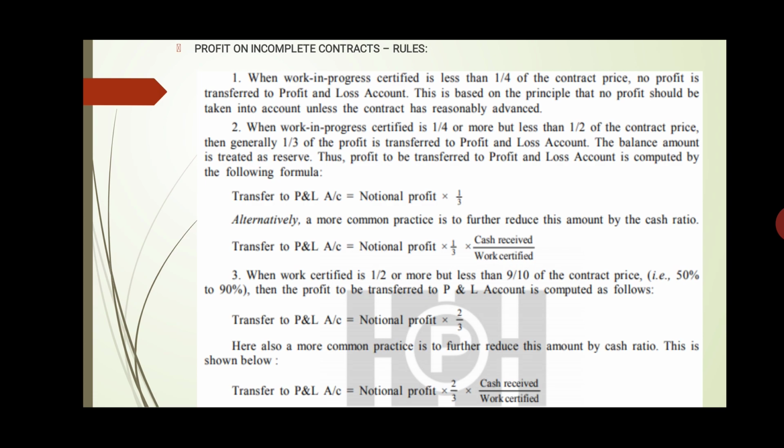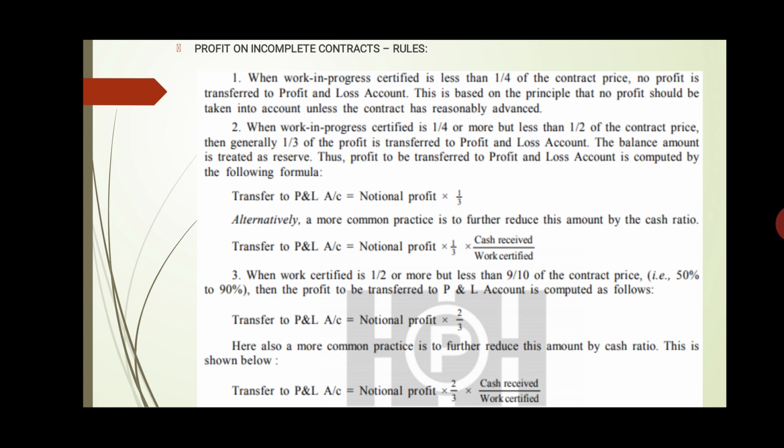Now, on this slide, I have listed certain rules which are necessary while preparing the contract accounts. These are known as rules of profit on incomplete contracts. We know that the contract is going to complete in 5 years. We cannot sit for 5 years to prepare our financial statements.